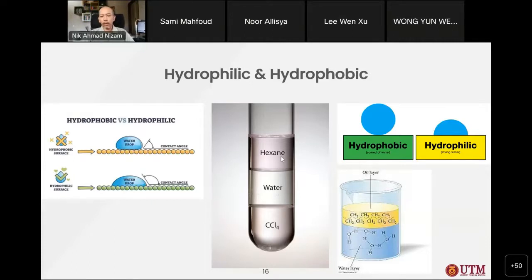Hexane is a hydrocarbon in the family of alkanes. It has six carbons. So it does not interact with water, and the water does not have interaction with the CCl4.